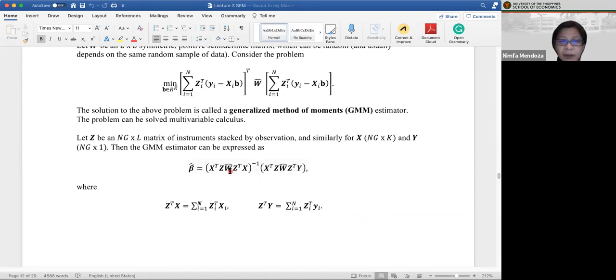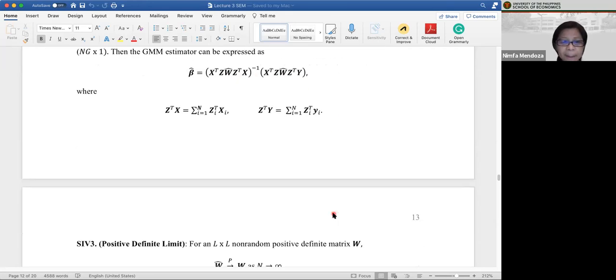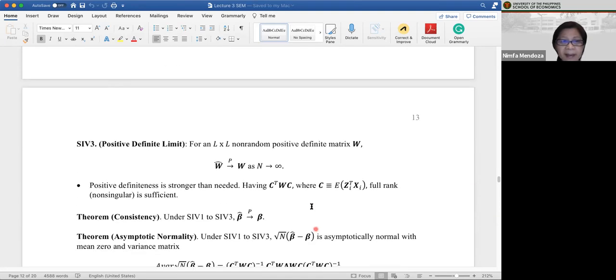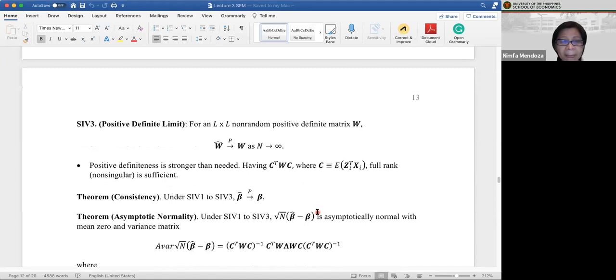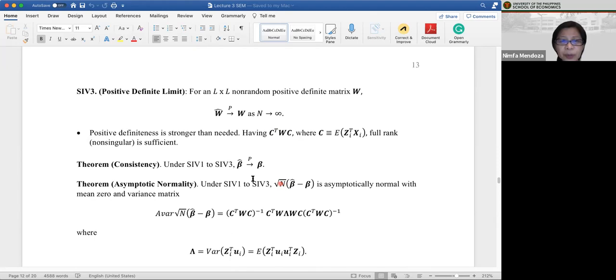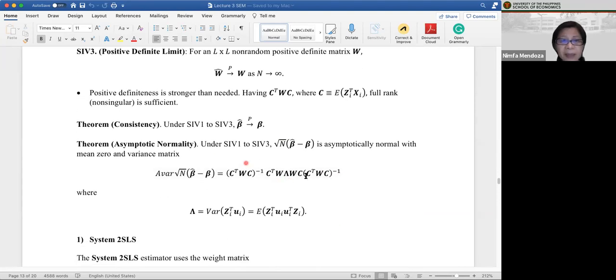If W hat is the identity matrix and Z is X, then you would be back to the OLS formulation. Then we have this third assumption, so that we would get consistency of the GMM estimator, and also the asymptotic normality, which gives us the expression for the asymptotic variance of beta hat.